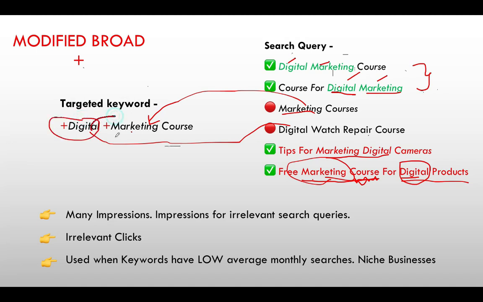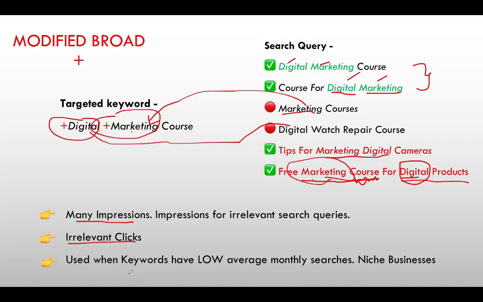In case of modified broad match, you might get many impressions, and some of those impressions will be relevant and some of them will be irrelevant as well, because again it is modified broad match. So you might end up getting some irrelevant clicks as well. Okay, but modified broad match is a good match type to add when you are targeting keywords for a very niche business.